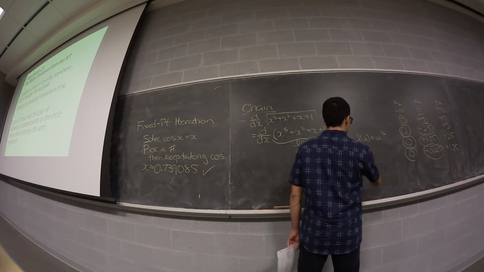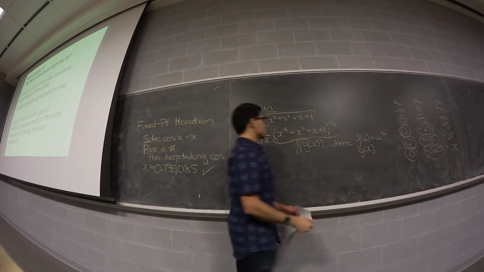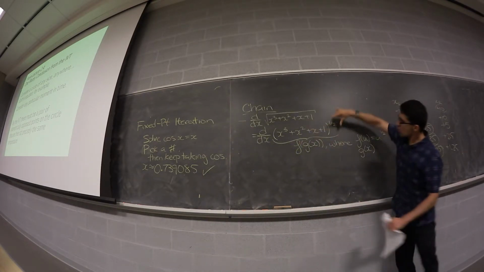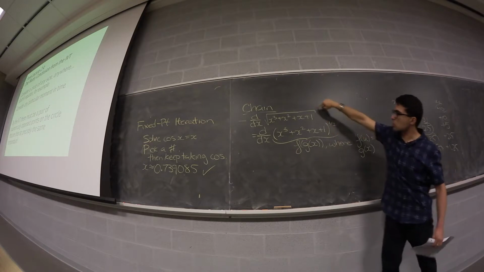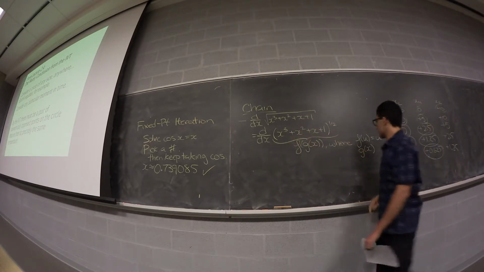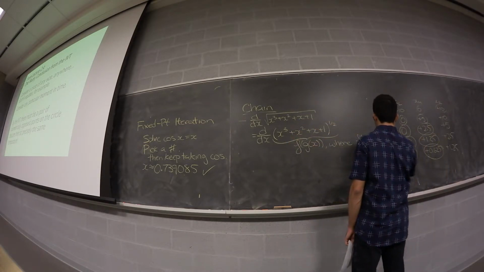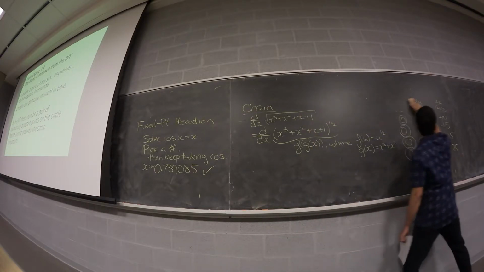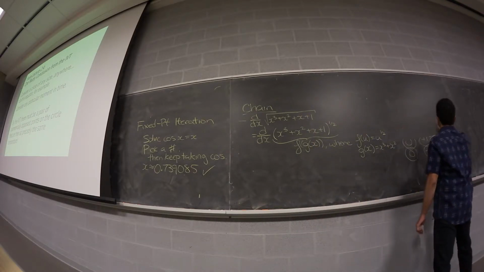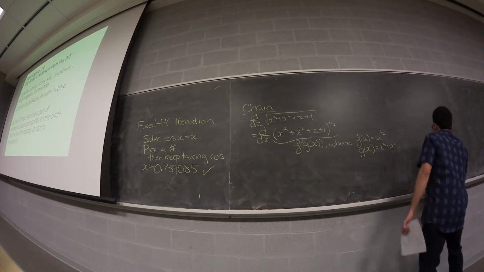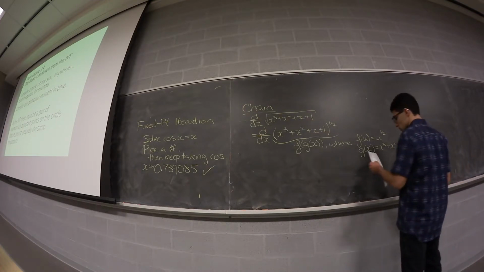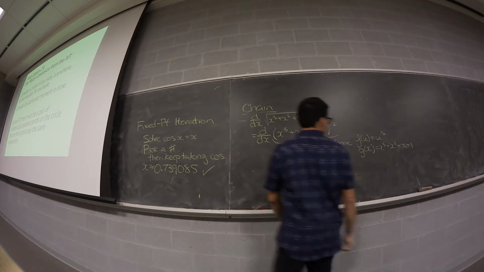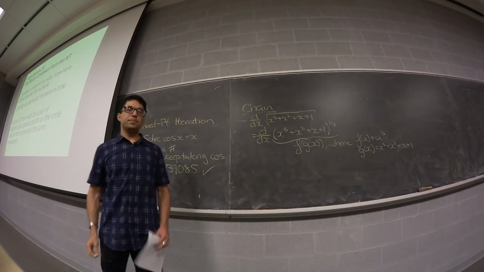And g at x, the inner function, is all this. So the outer function is the square root, and the inner function is this bit: x cubed plus x squared plus x plus 1.